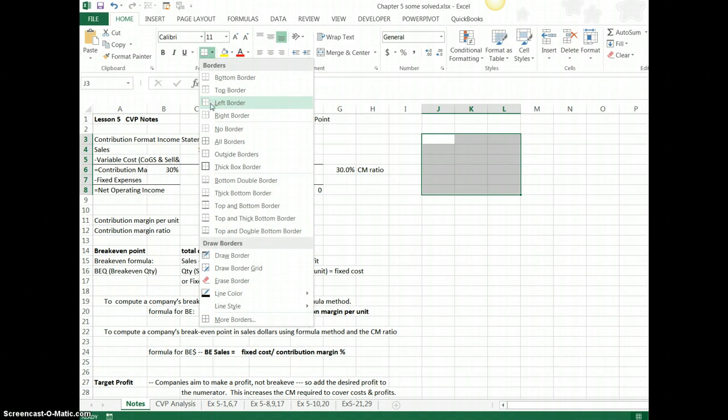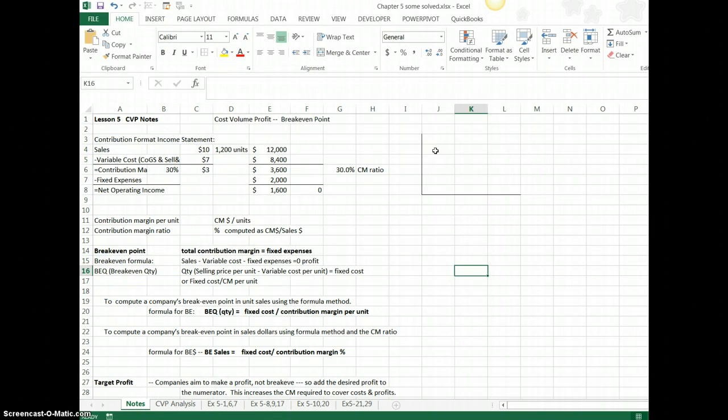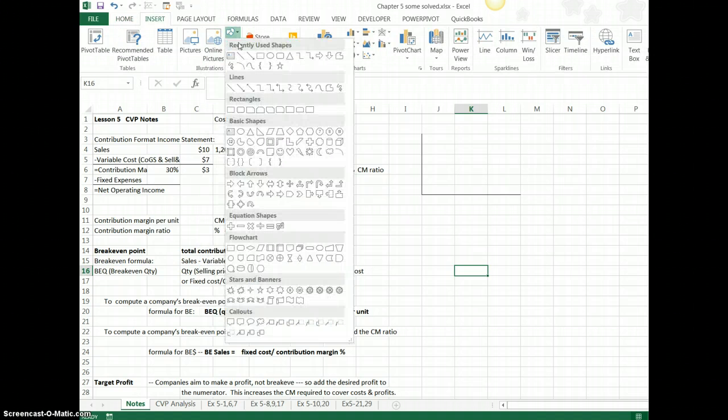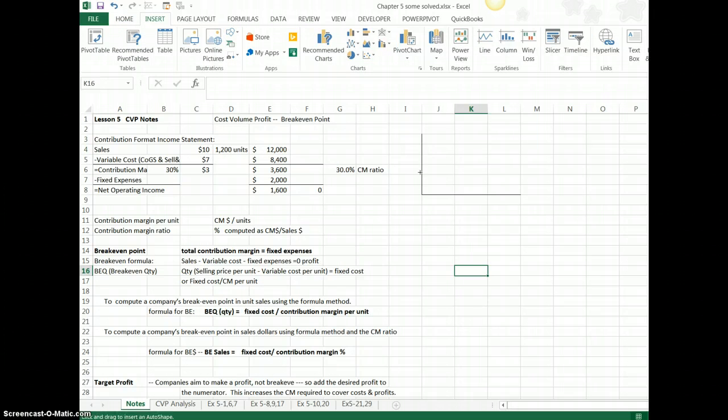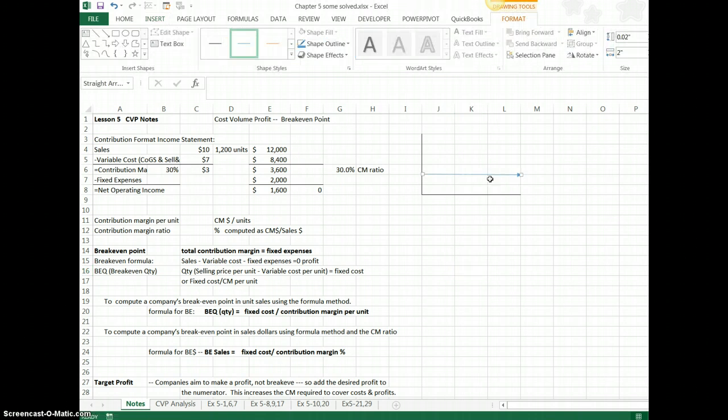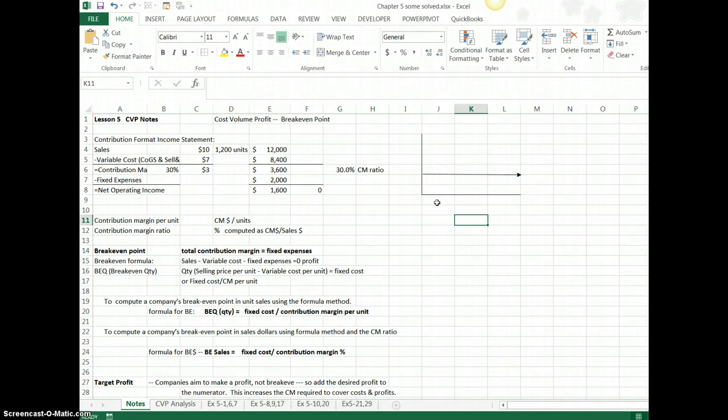Now, if you recall, we had done the chart for the cost analysis in Chapter 2, where we looked at a fixed cost. A fixed cost represents a horizontal line, parallel to your x-axis. In other words, it wouldn't matter how many units we manufactured, whether we have 0 units, 100 units, 200 units, 300 units.